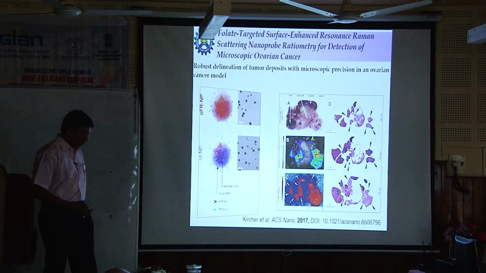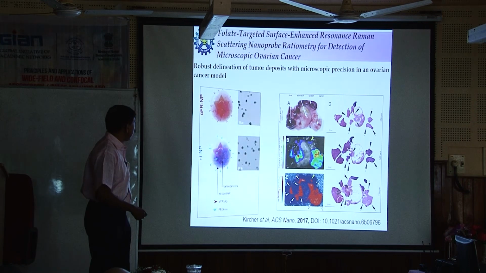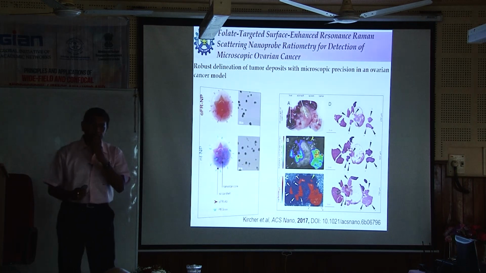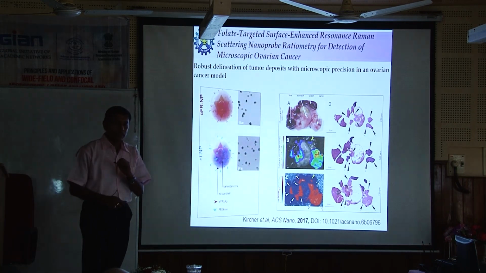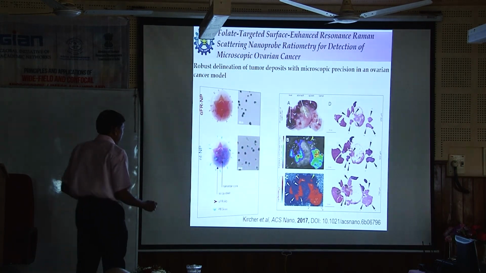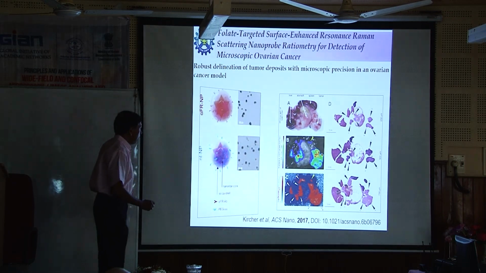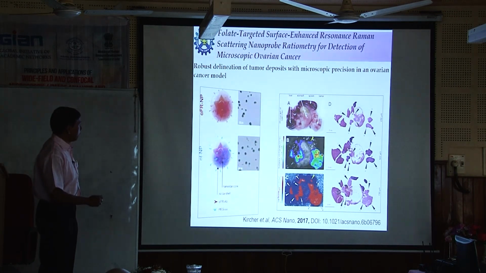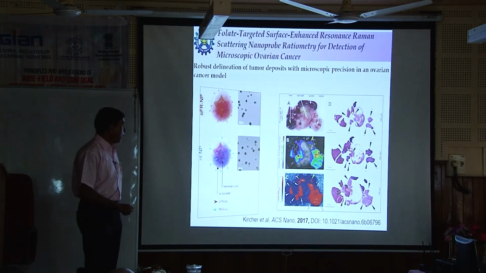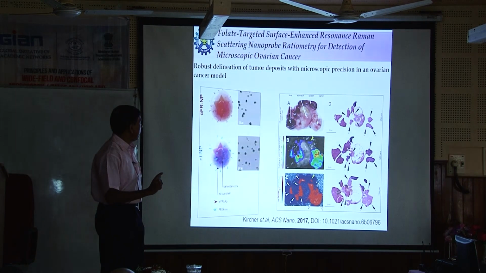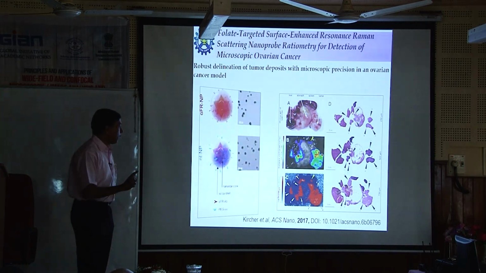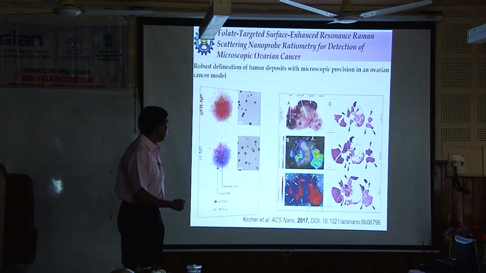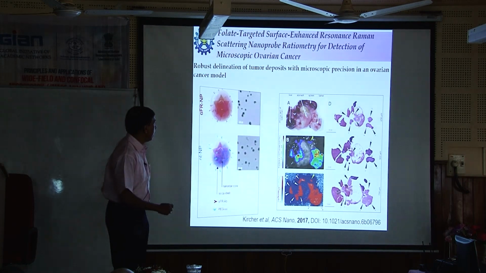This is very recent work in this area, where you know that folic acid is used as a targeting ligand for many cancer cells and tissues. It is a nanostar which is also silica coated. An anti-folate antibody is attached. This is the non-targeted and this is the folate targeted, and they have checked in real time what happened in the tumorigenic regions, where they can tune in the liver, stomach, spleen and the tumor.